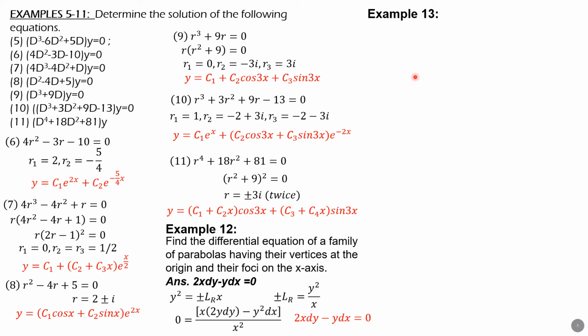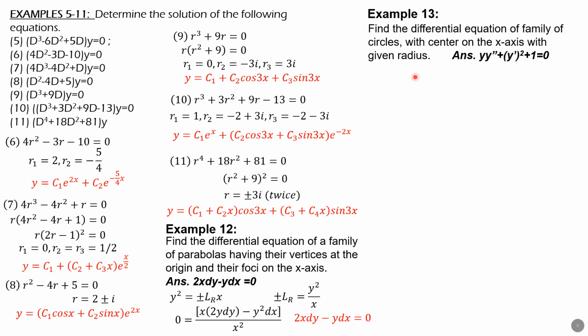The expected equation of the circle with center on the x-axis, so y is 0, x or h is unknown, and then the radius is given. The standard equation is quantity x minus h square plus y square equals r square. So that's the expected equation.